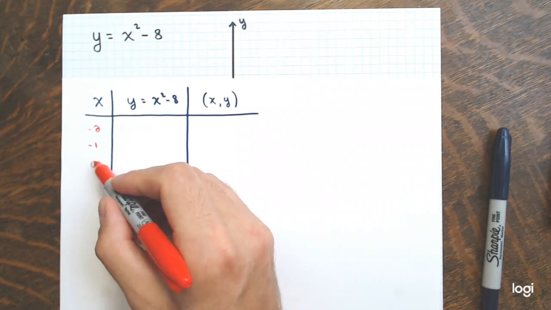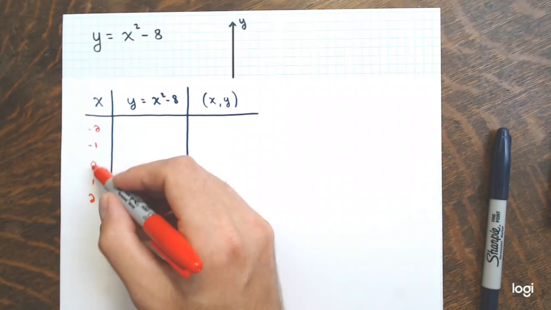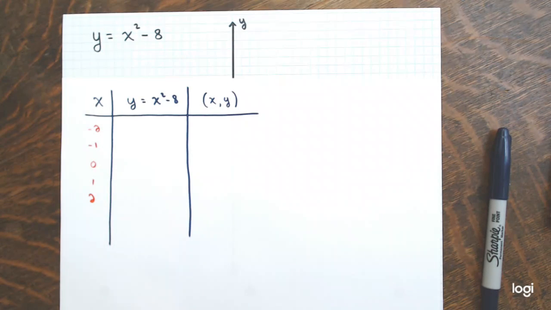You don't have to use these 5 that I like using. And if for some reason I don't see a pattern after these 5, I'll plug in more. You just keep plugging in values, keep finding solutions, keep plotting points until you see enough of a pattern to say, I get what the graph's doing right now.